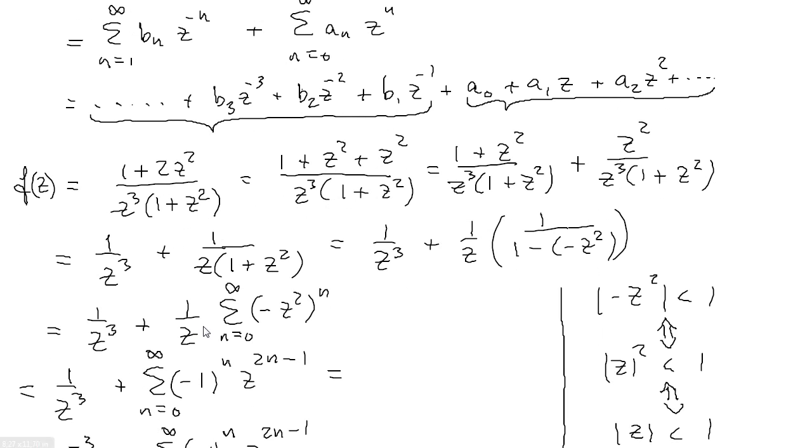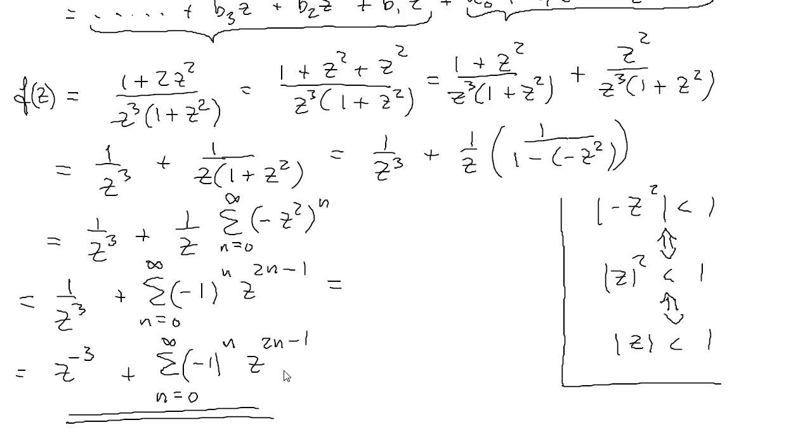I can multiply this with each of the terms in this series, and then I obtain minus 1 to the power of n times z to the power of 2n minus 1. And of course I can write this as z to the power of minus 3.